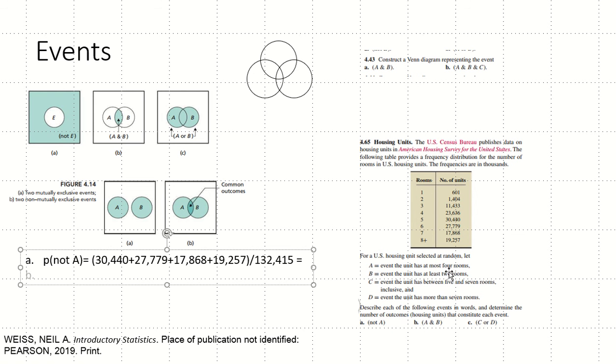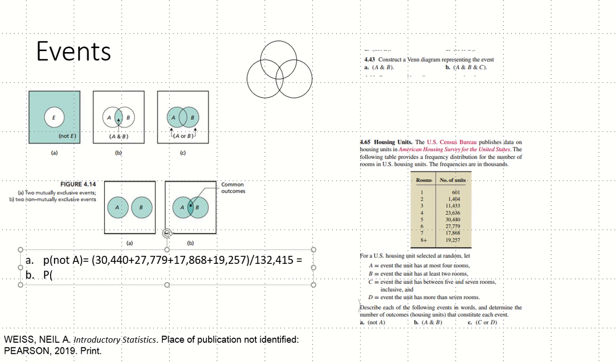At least 2 rooms means it can't have 1 room, right? And at most 4 rooms means it cannot be more than 4. So what it shares in common is 2, 3, and 4.